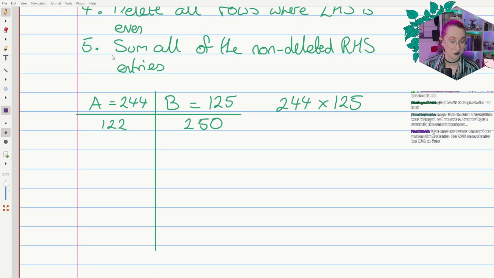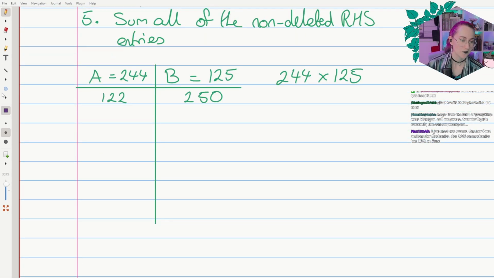Back to the algorithm that we were looking at. As a quick refresher, you halve the left-hand side and you double the right-hand side. And then we're going to do something complicated in a minute. So half of 122 is 61. And then doubling 250 goes to 500, which is nice. Halving 61 goes to 30.5, but we ignore remainders, so we just go to 30.